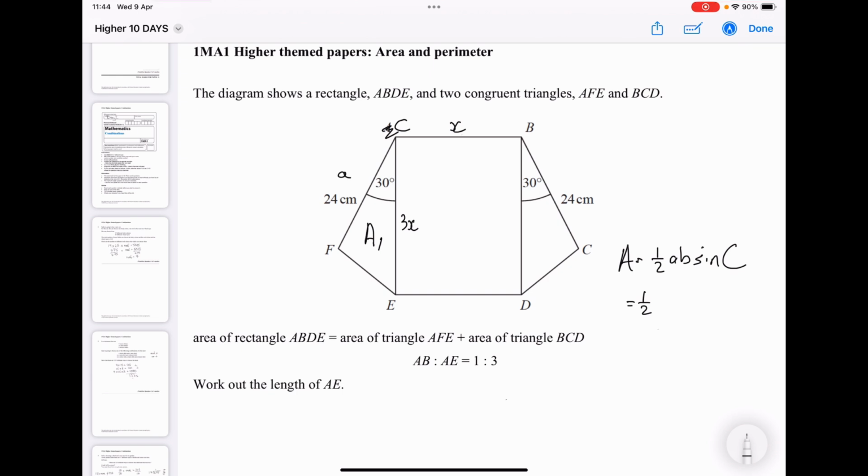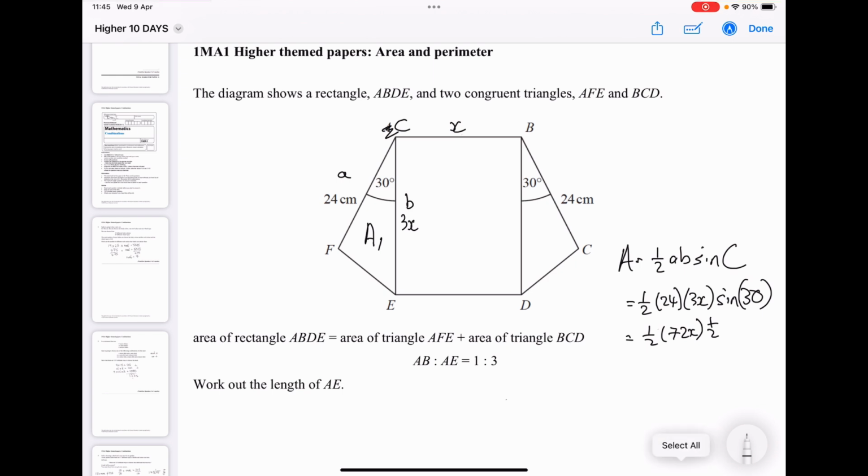A and B are the 2 sides next to the angle, adjacent you might call it. So I've got half of 24 times 3x, and sine of 30 is actually a half. 24 times 3x is 72x, times a half is 36x.